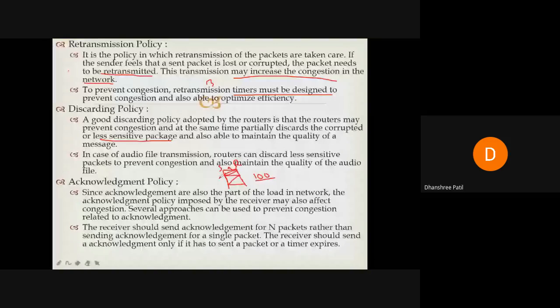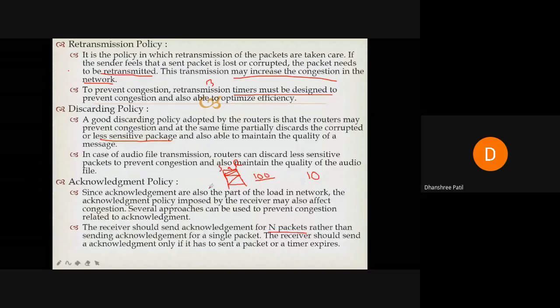So instead of sending the acknowledgement for each and every packet, according to the acknowledgement policy, it is expected that acknowledgement should be sent for n packets only. Let's say for example n is 10. When the sender sends 10 packets, then only the receiver should send one acknowledgement to the sender.